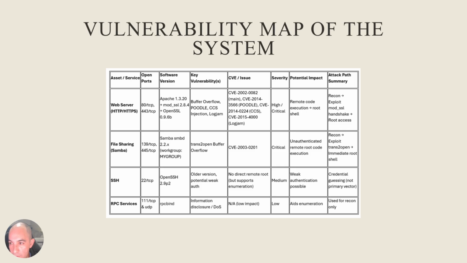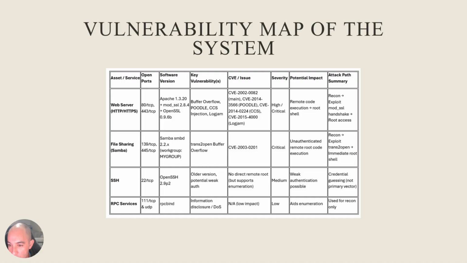And for the vulnerability map of the system, I made this table. In this table, we can see the service. I put in the four identified services: the web service, file sharing, SSH, and RPC service.